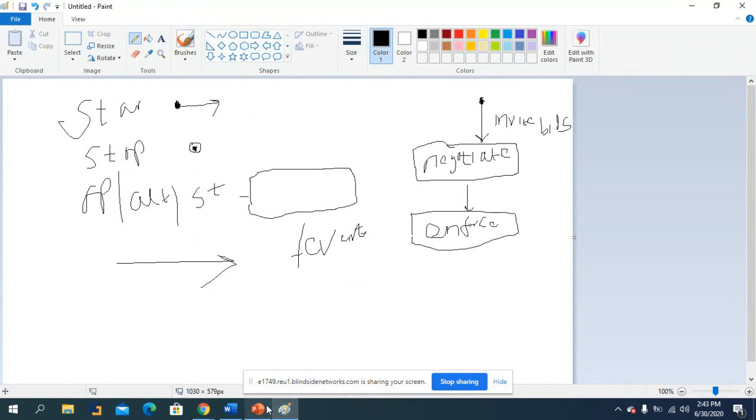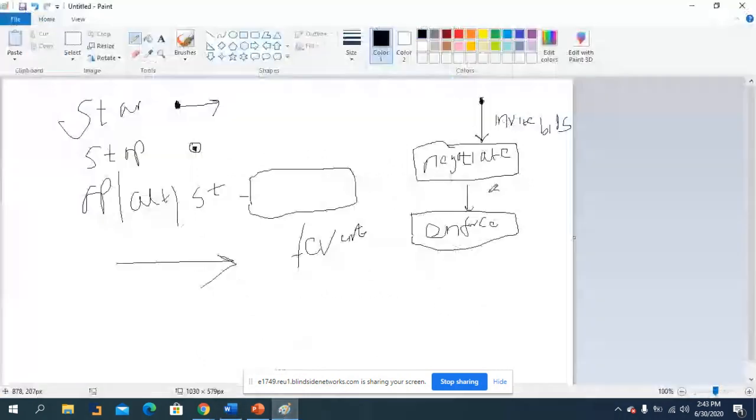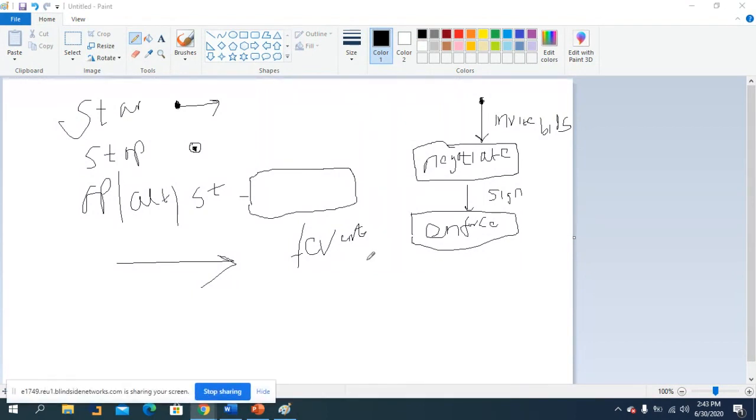But you only enforce when you do what? Legally enforce when they both sign the agreement. So in this case, we have an event, signing or sign. So you negotiate, you enforce, but before you enforce, you must sign.